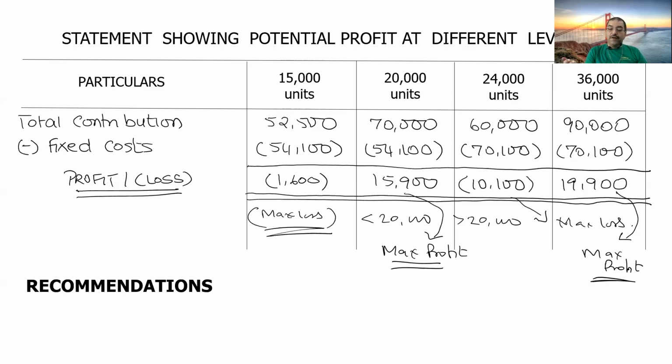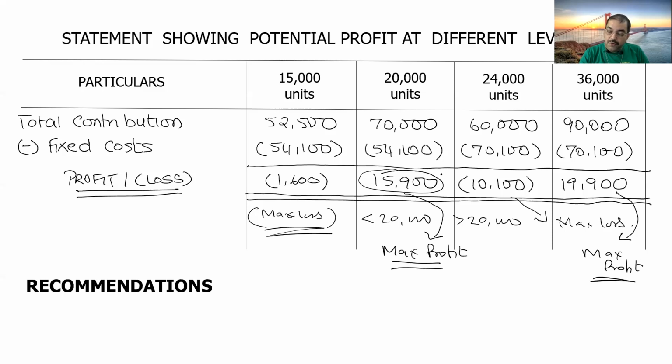But if I want to increase my profit, then what should I do? I should be increasing the number of units also. But how much? It is somewhere in the range of 24,000 to 36,000. I want a minimum profit of 15,900, and I want to produce more than 20,000.